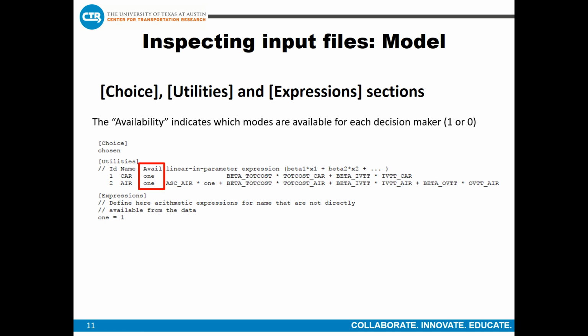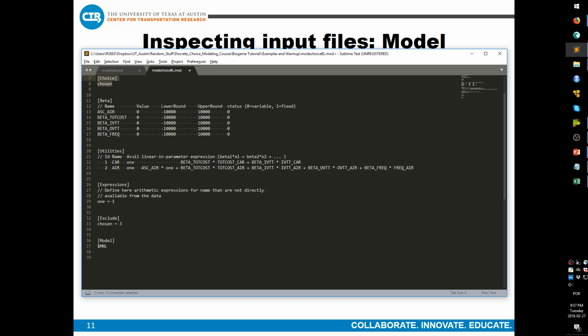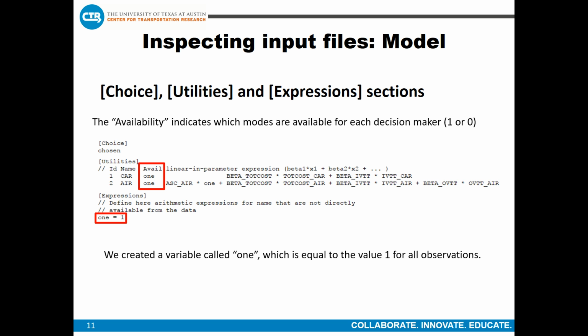Also important is the availability section of the utilities. See here that I've set this to 1. Remember that we created a variable called 1 that was equal to 1 for all observations. This means that the alternatives car and air are available for all observations.